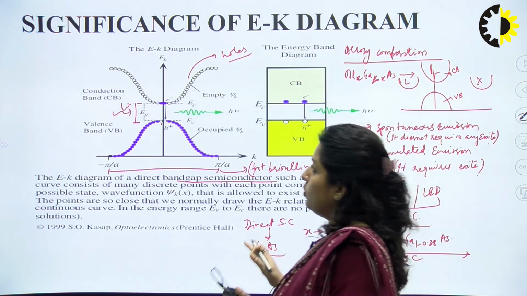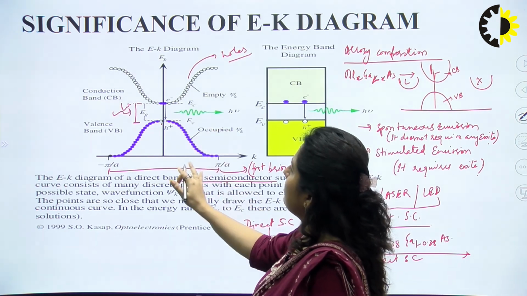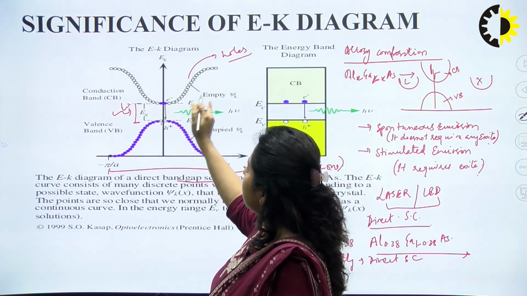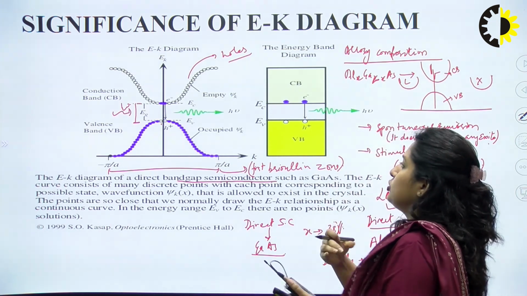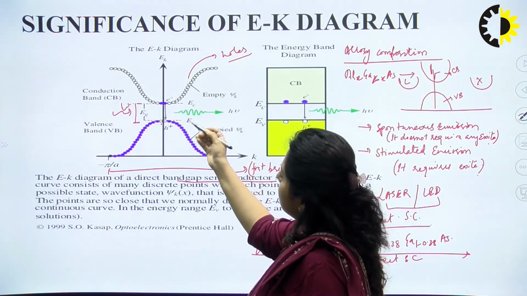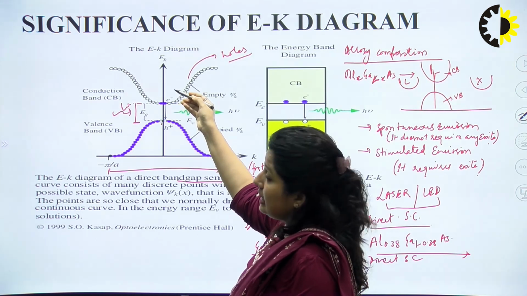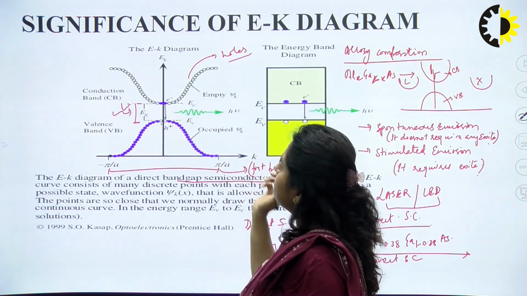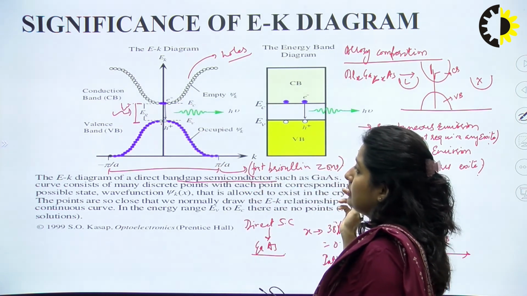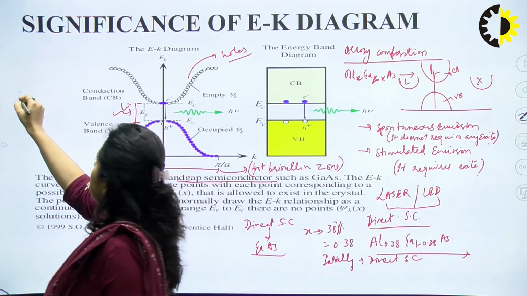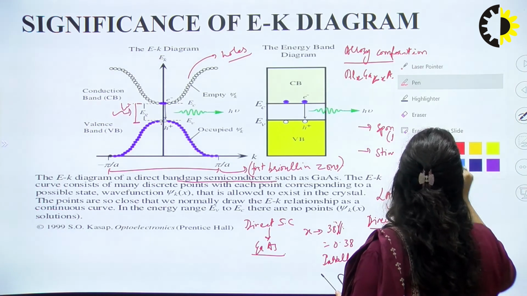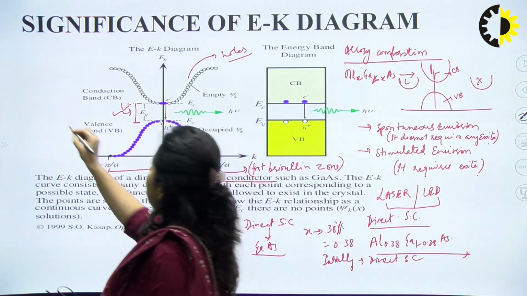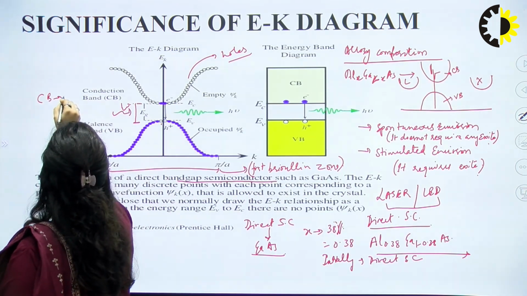So the overall conclusion for the E-K diagram is that we have the energy versus K diagram, and we have electrons residing in the conduction band, then the electrons move from the conduction band to the valence band. Firstly, the most important thing is the electron movement from the conduction band to the valence band.